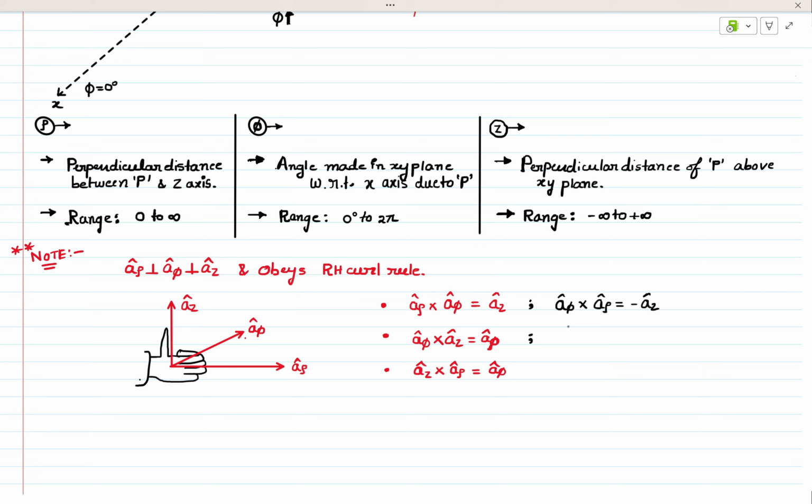That's not like that actually. This is the cross product, not the dot product. If this was the dot product, then both would be the same, right? But in the case of the cross product, the direction reverses. Similarly, this happens here, and a z cross a rho will be nothing but a phi.